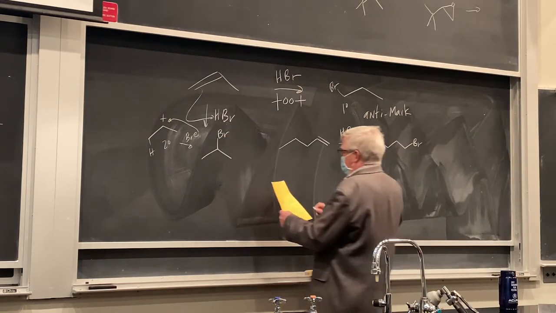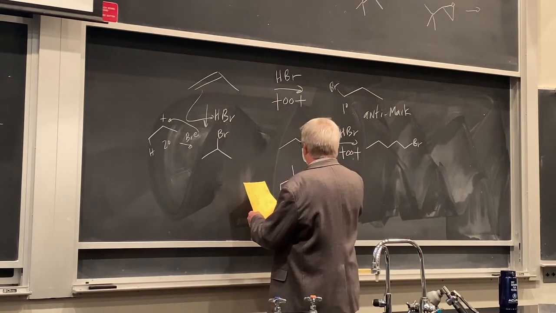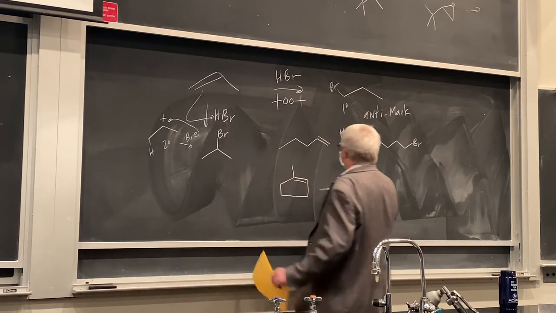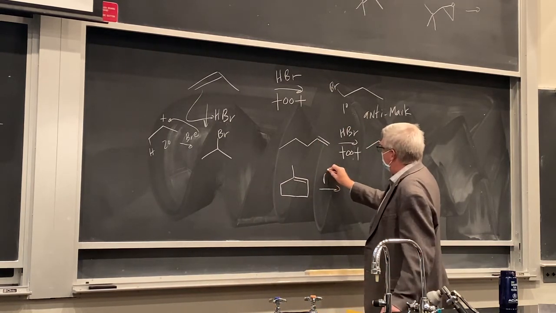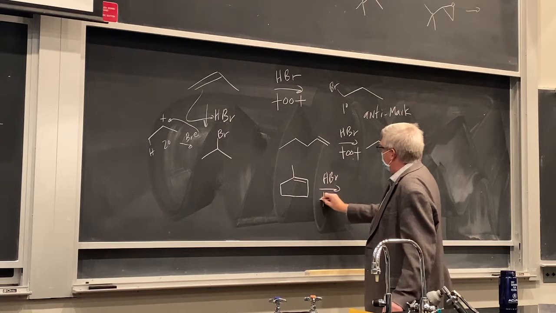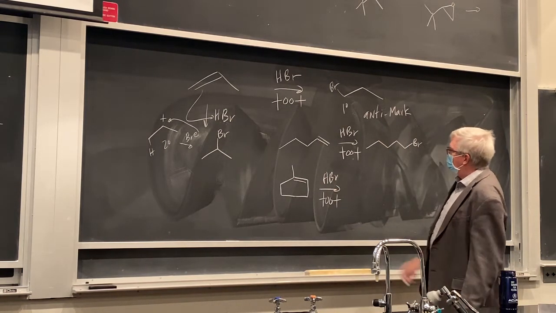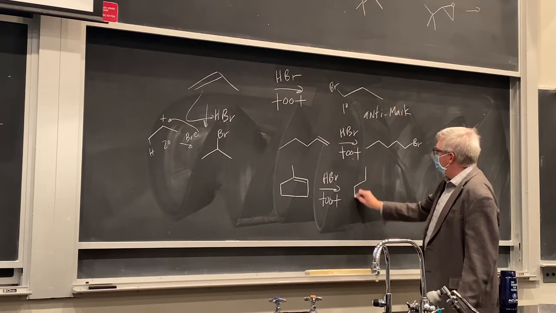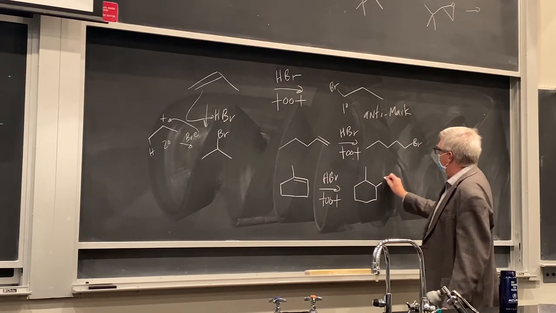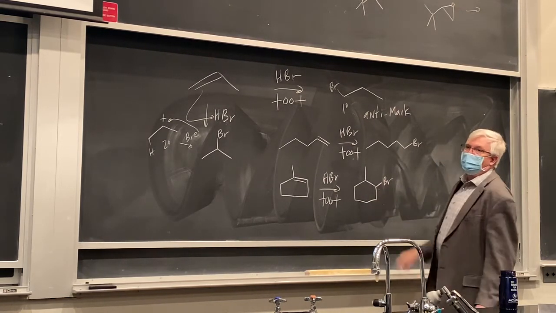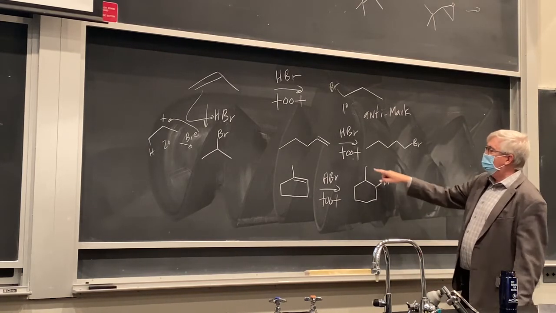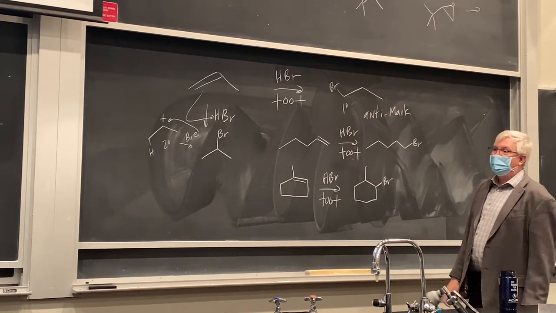Let's do a couple more here. How about this one? Again, HBr, peroxide with methylcyclohexene. So what are we going to get here? Well, we're going to get bromide at the less substituted spot. Now that'll be a mixture of isomers, cis and trans, and they're chiral.